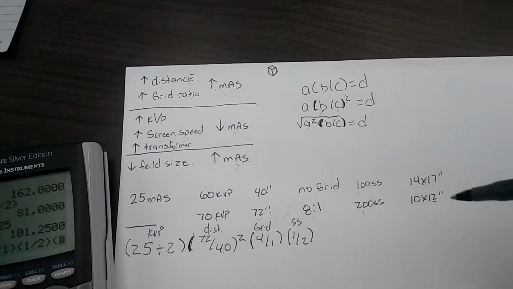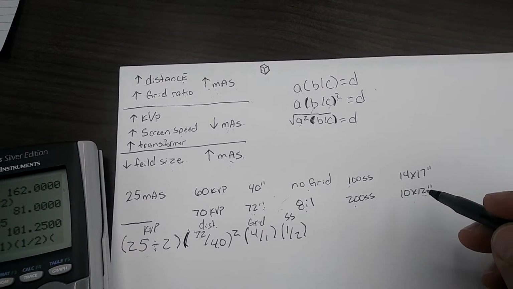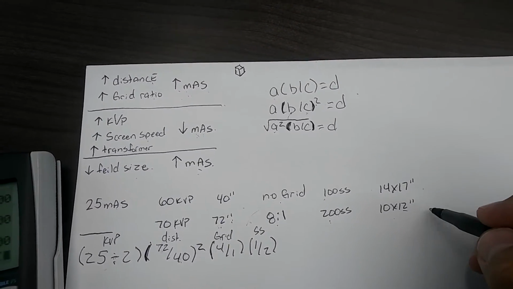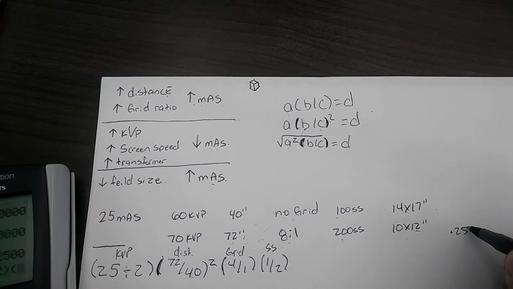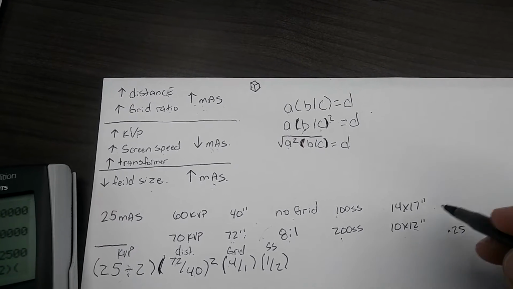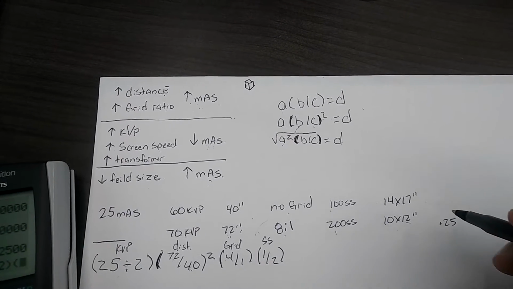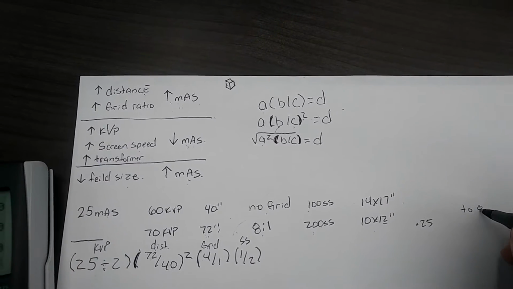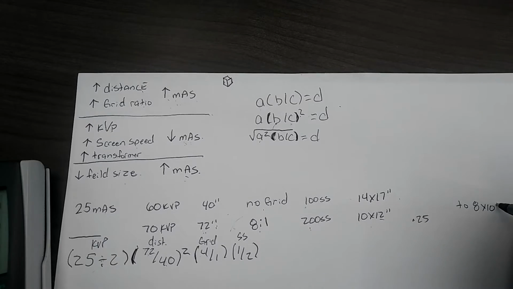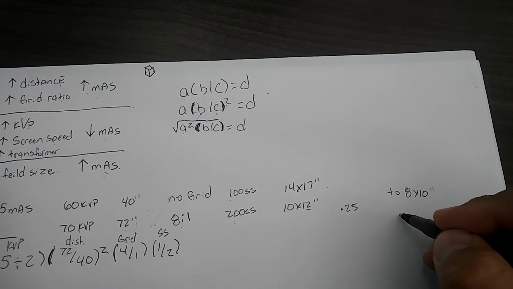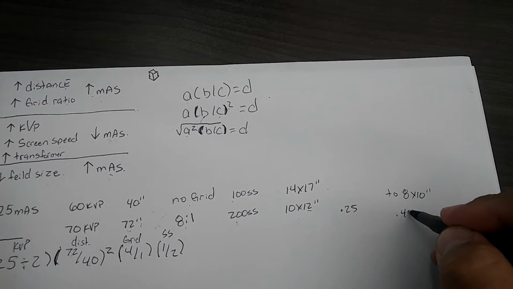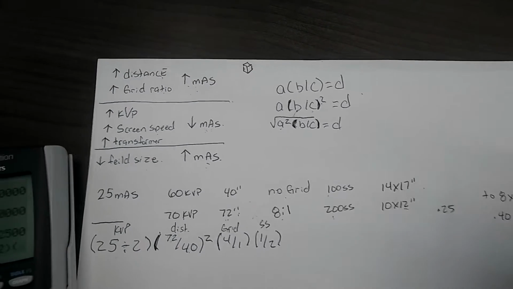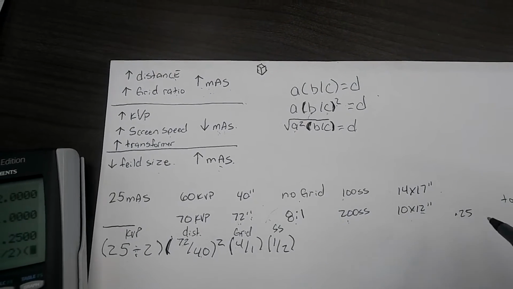Now, this has a factor, if you guys remember. If you go from 14 by 17, it's 0.25, or 25%. If you go from 14 by 17 to 8 by 10, it's going to be 40%. But we're doing the 25%.